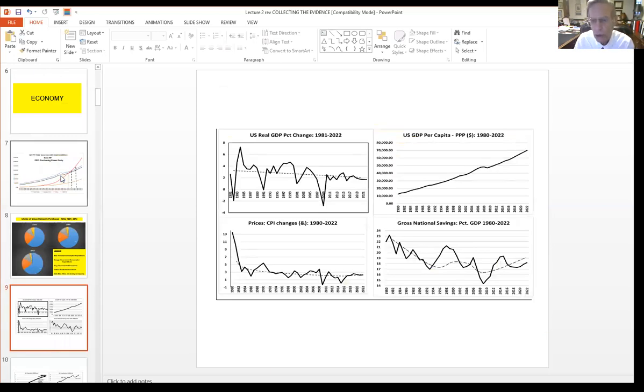So here's a little more detailed information about the US economy. The upper left-hand quadrant, you can see, represents rates of change in the gross domestic product after there's been an adjustment for inflation. And when that adjustment is made, we call it the real GDP.